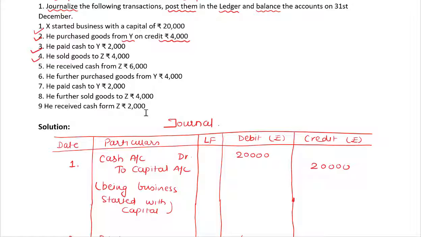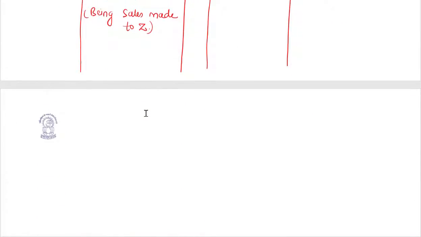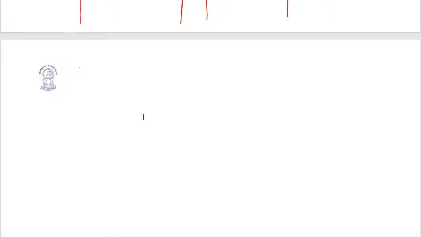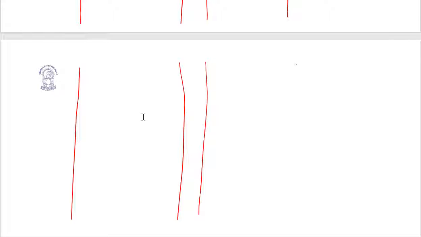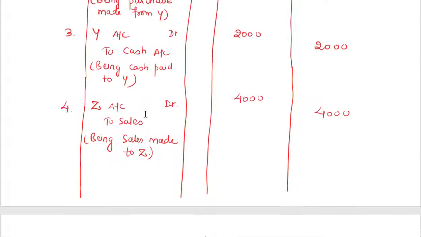Let's see the fifth journal entry. He received cash from Z, 6,000. This is number 5.